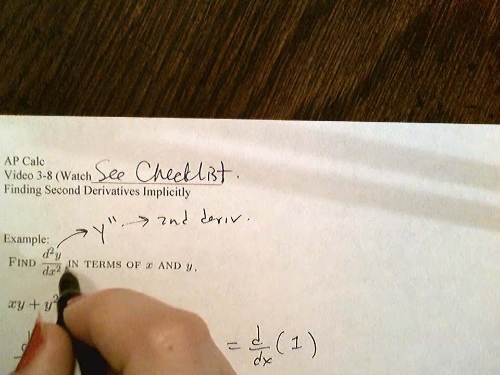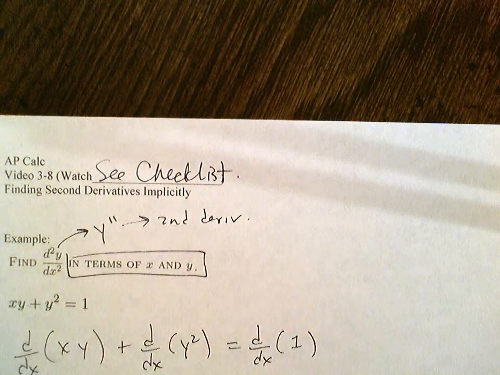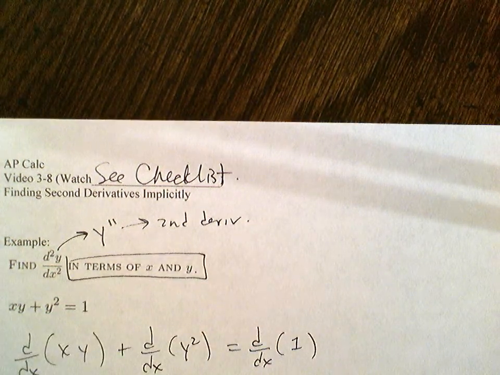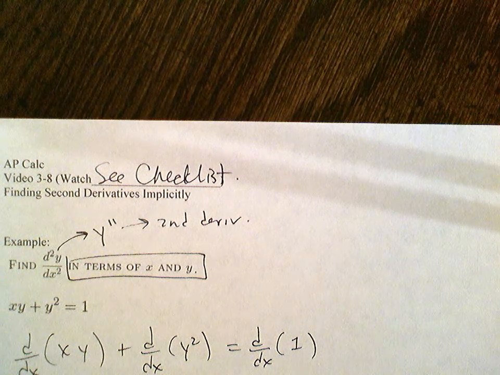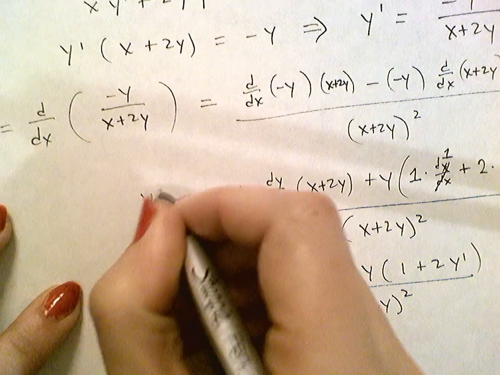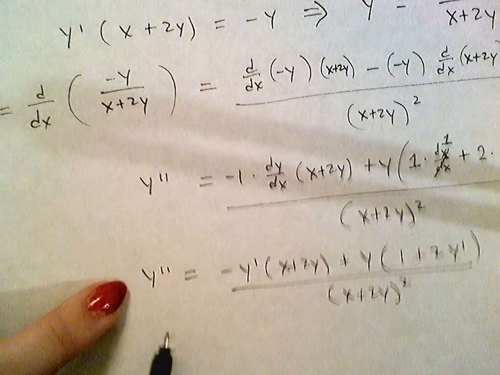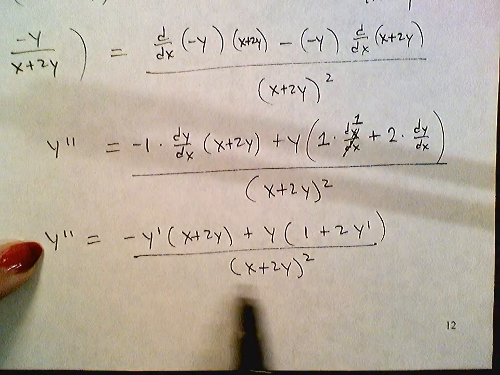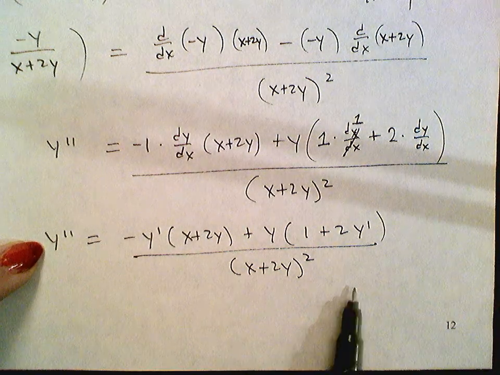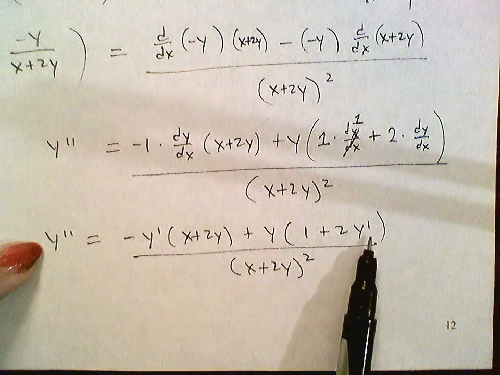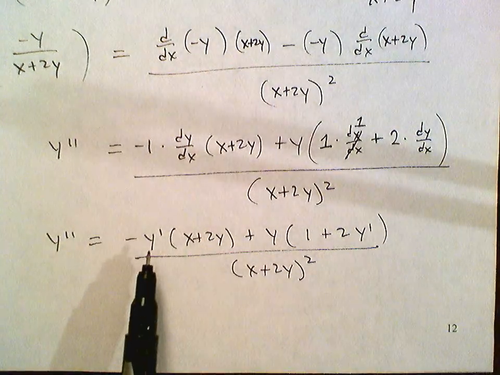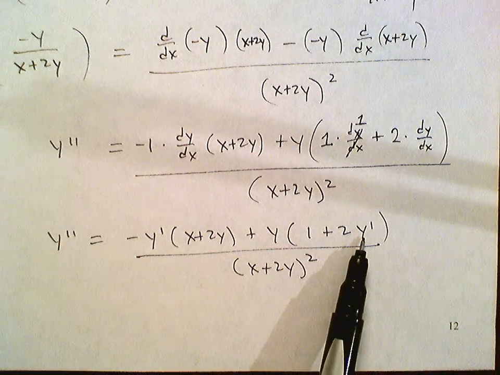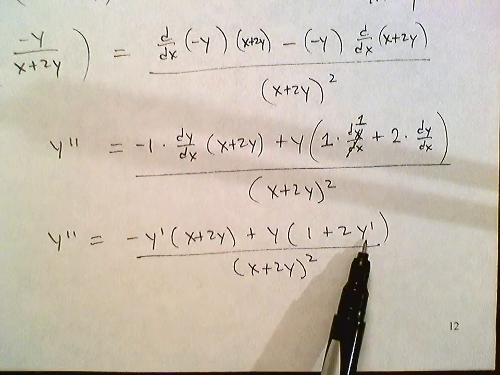Now the problem is we're not done, because they said in terms of x and y. So in terms of x and y means that you've got y double prime, but only in terms of x's and y's. The only variables I should see are x's and y's, but I see y primes as well. So I don't want these y primes here.